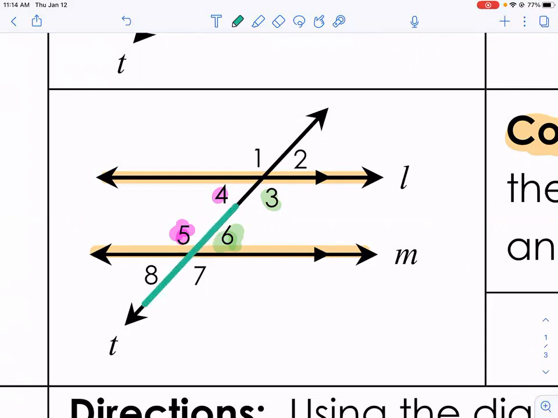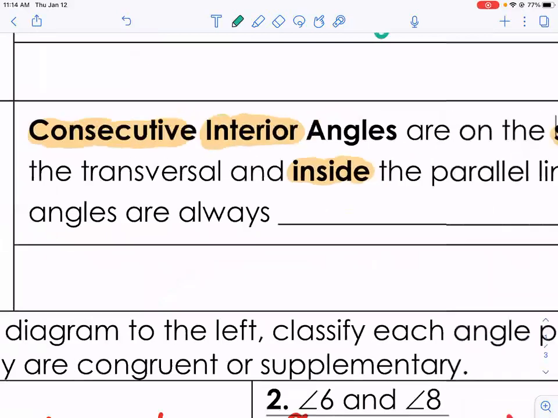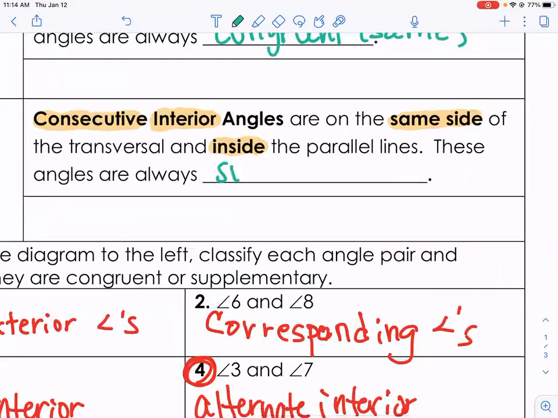They're consecutive. What do they add up to be? 180. They make a straight line, don't they? 5 plus 8 equals 180. And 8 is the same as 4. Yes, consecutive interior angles are supplementary. They add up to be 180.